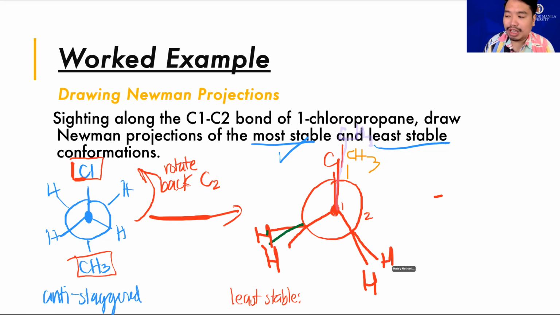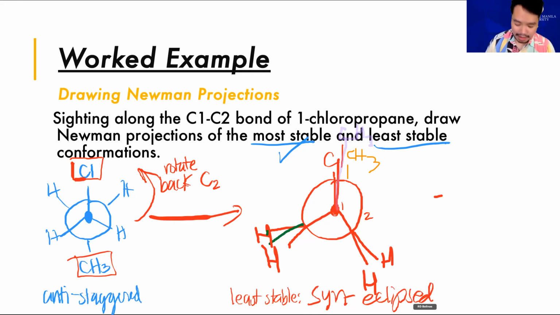And what do we call this conformation of our 1-chloropropane? Exactly. This is now the syn-eclipsed conformation. Okay.